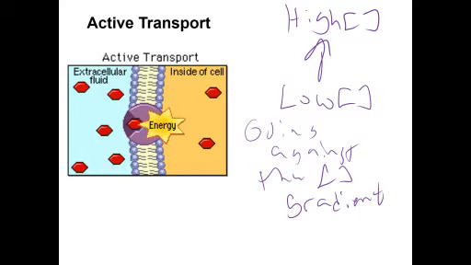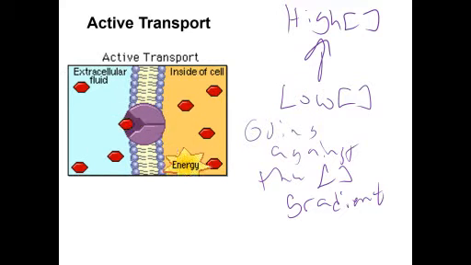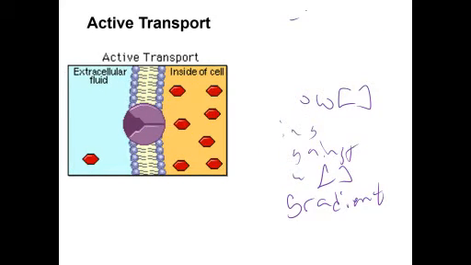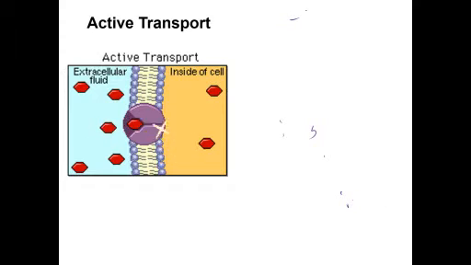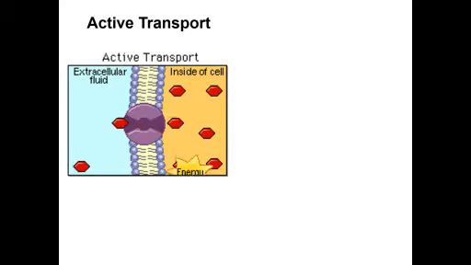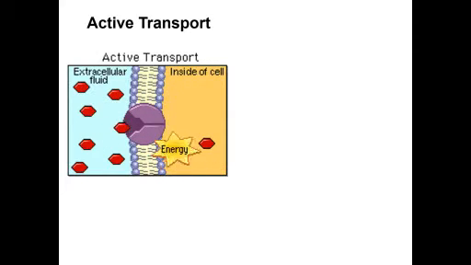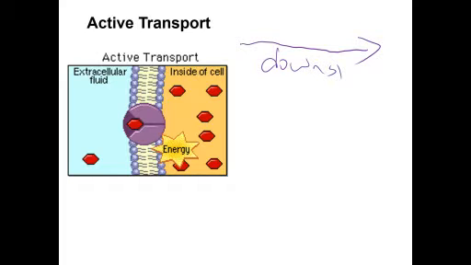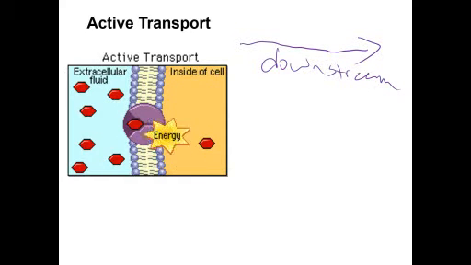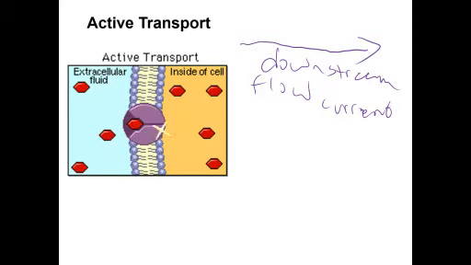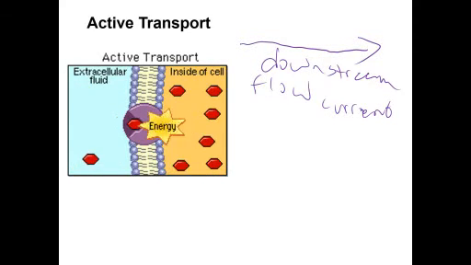So, in active transport, think of passive versus active transport in this manner. Let's say that you and some buddies go on a canoe trip. And let's say that you're going to go downstream. If you're going downstream, the flow of the current is going to be enough to drag you downstream.